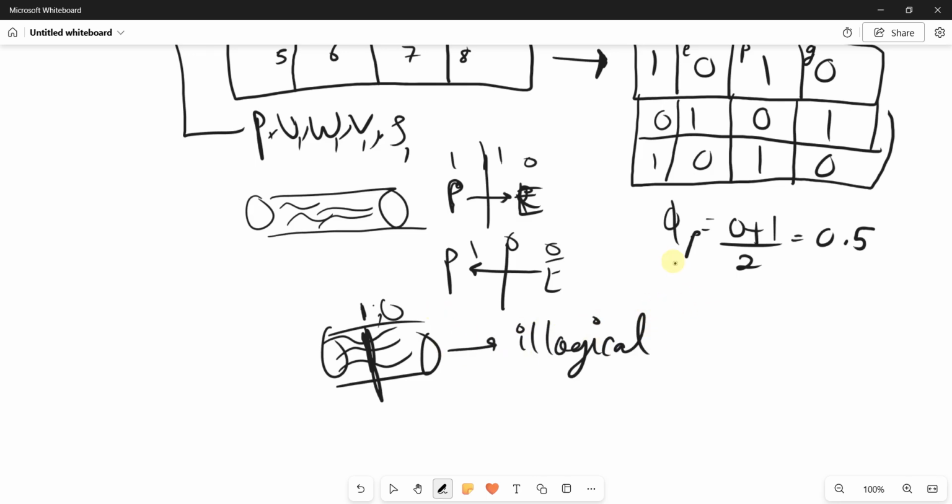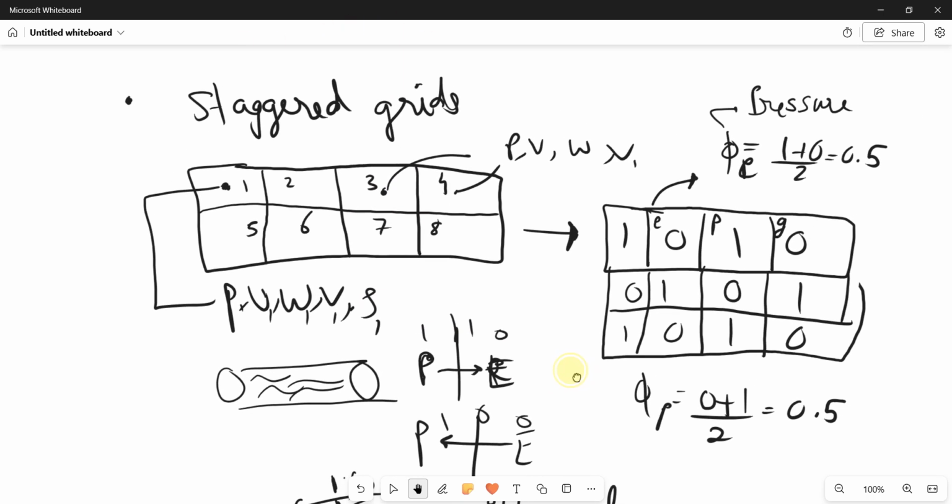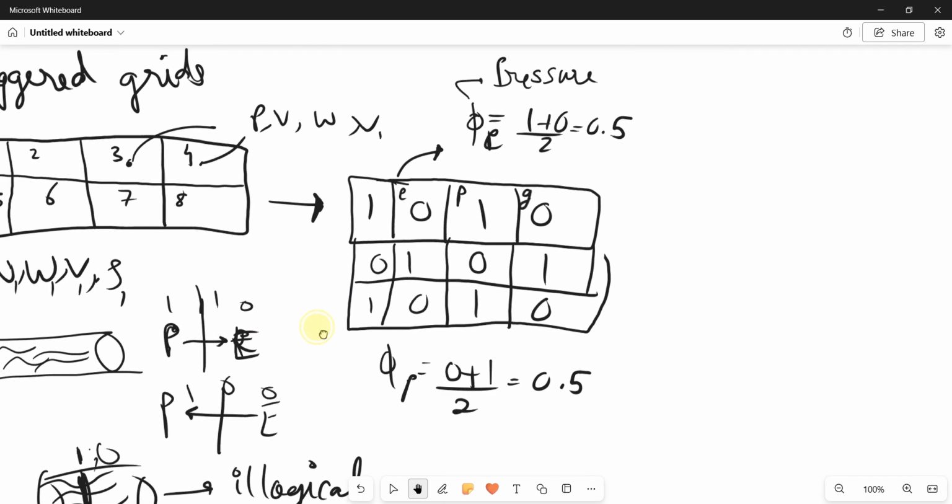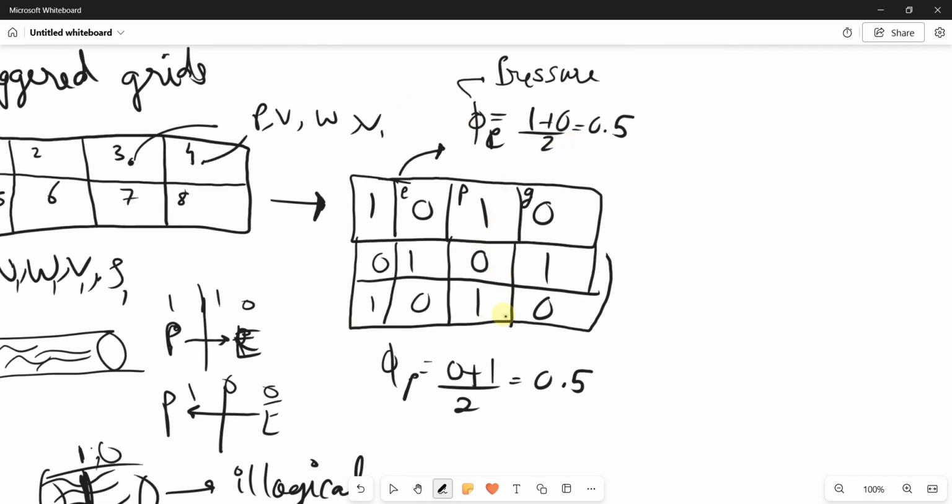That is why here we are just going with the average. That doesn't mean the upwind concept is wrong; at some places you just cannot apply it. That's why checkerboard pressure is one of the exception cases, and why you have different types of grids. It's just that you need some corrections, right? So that's where we go.